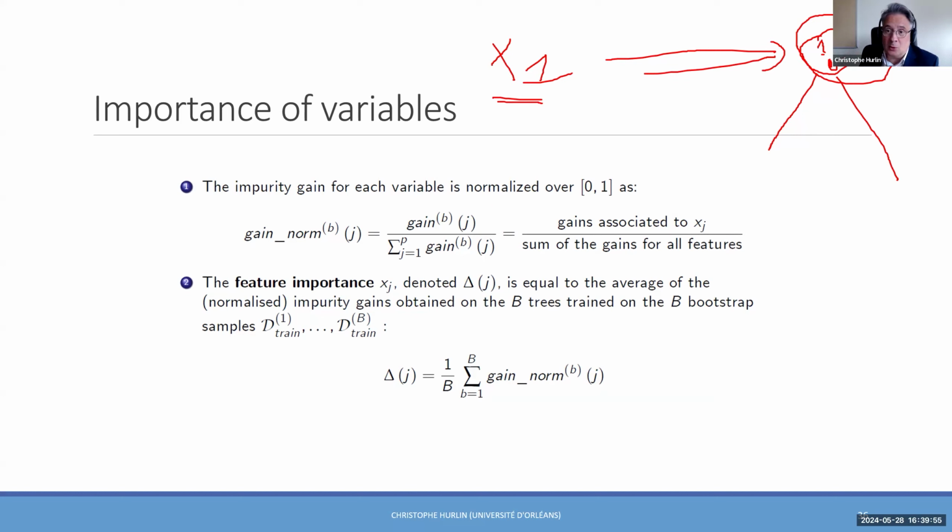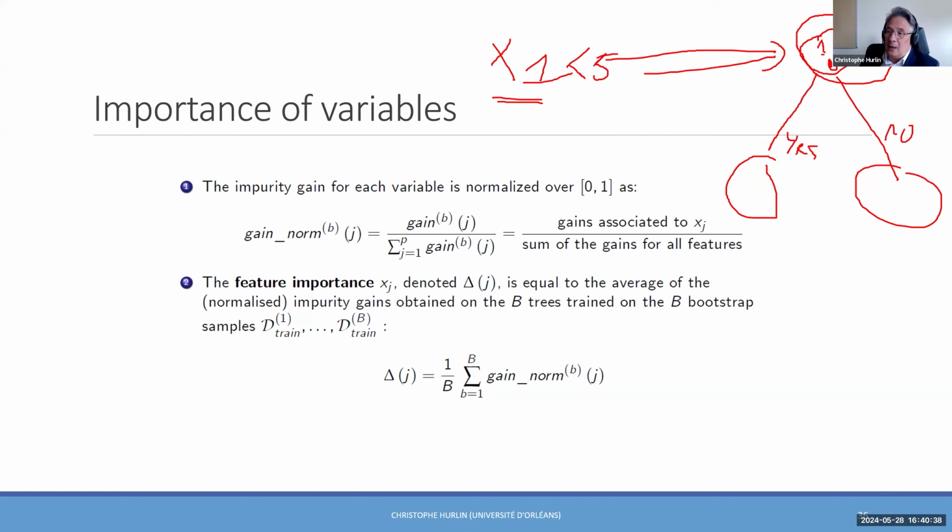For instance, if the size of my pencil is larger than 5 centimeters, then you are on the left, and otherwise you are on the right. So I put a threshold, for instance 5, on a rule on x1. Here I have the individuals that satisfy this rule, and here those that do not.